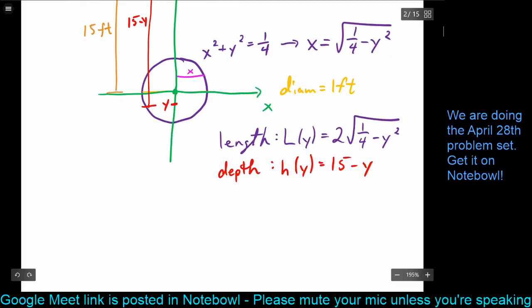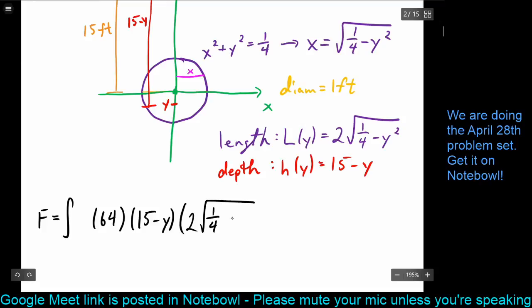So the total force exerted on this is going to be the integral of, let's see, we need the weight density, which is 64, yep, 64 pounds per cubic foot, times the depth, so times 15 minus y, times the length, which is 2 square root of 1/4 minus y squared, dy.